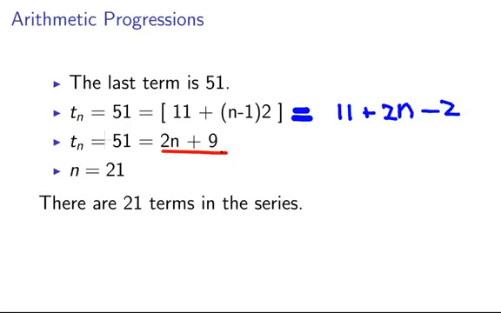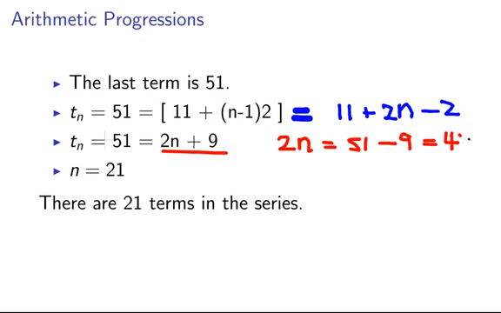So 51 is equal to 2n plus 9. That means 2n is equal to 51 minus 9, which is 42, and therefore n is equal to 21. So there are 21 terms in the series.